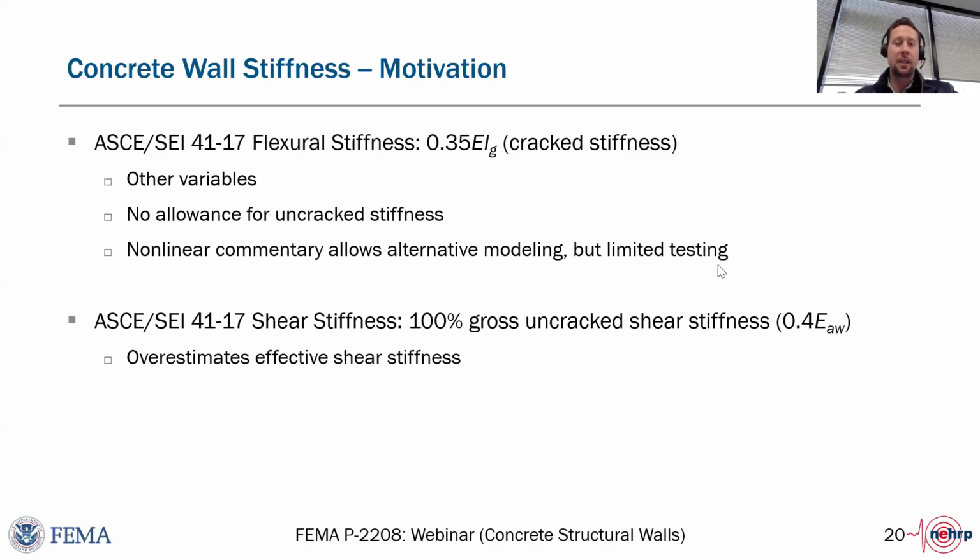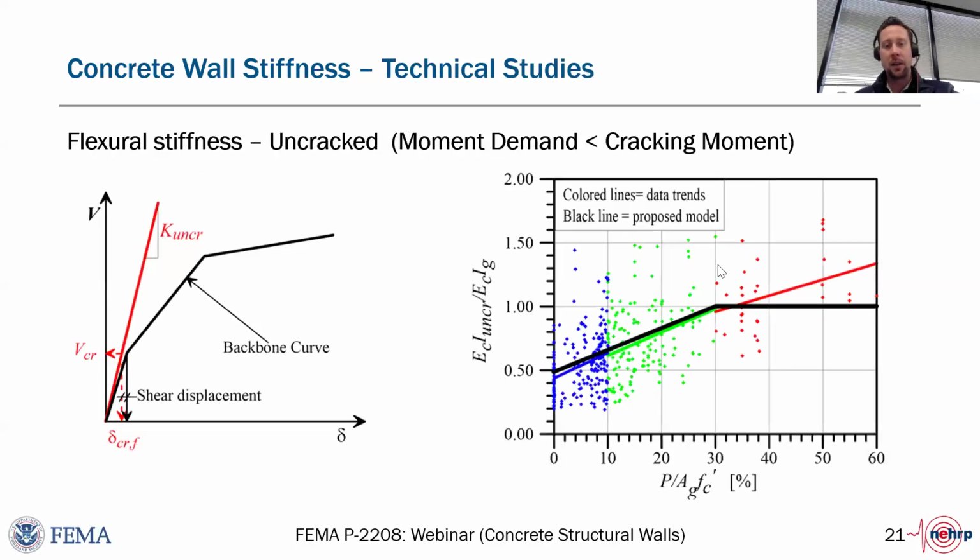But it can be the case that in a taller building, your upper stories may have very little moment demand relative to their strength, and you may be able to see that those are uncracked. So there are some technical recommendations for uncracked walls now, just as well as cracked walls. I think that's a benefit if you do want to take advantage of that added stiffness.